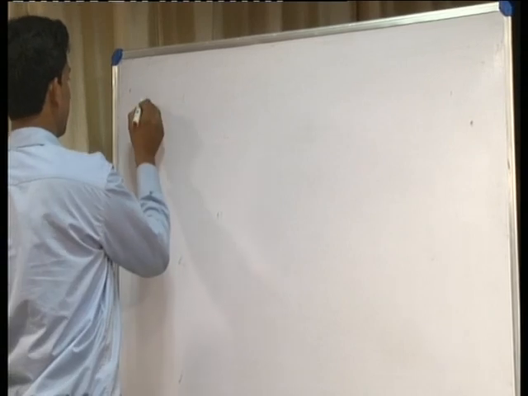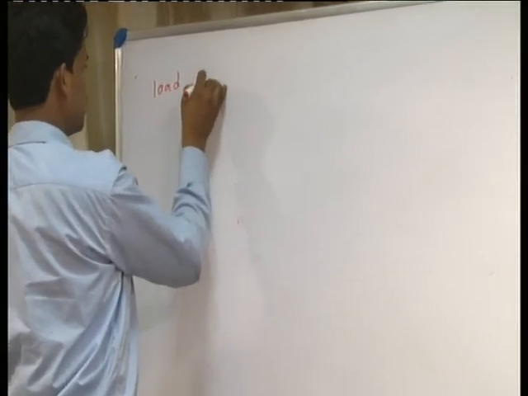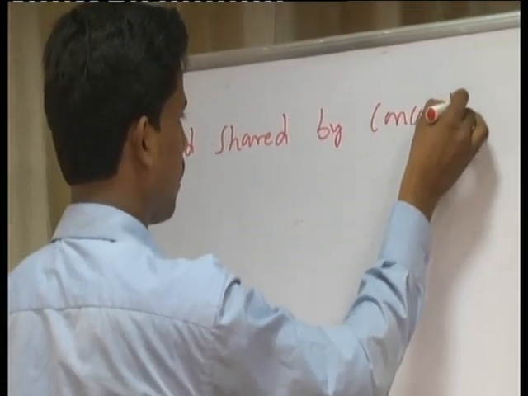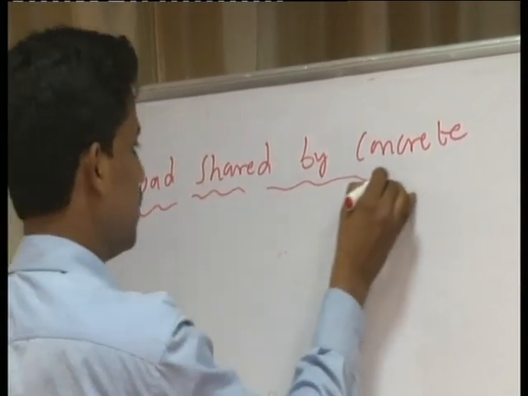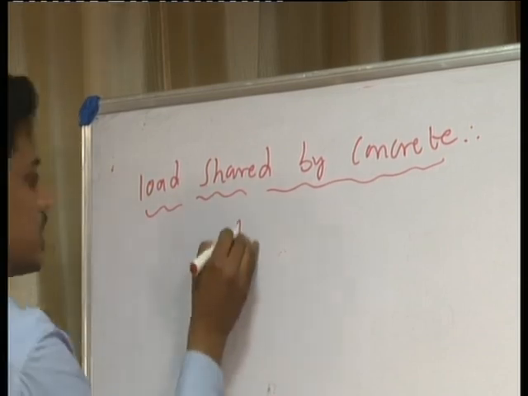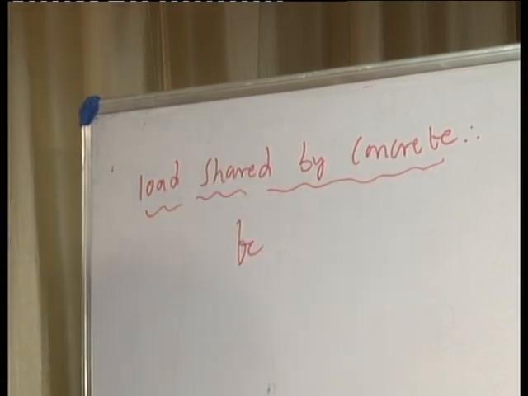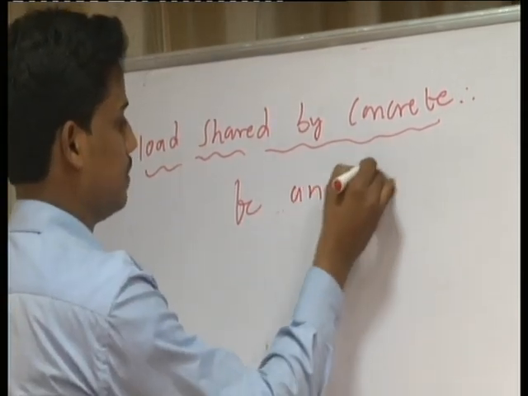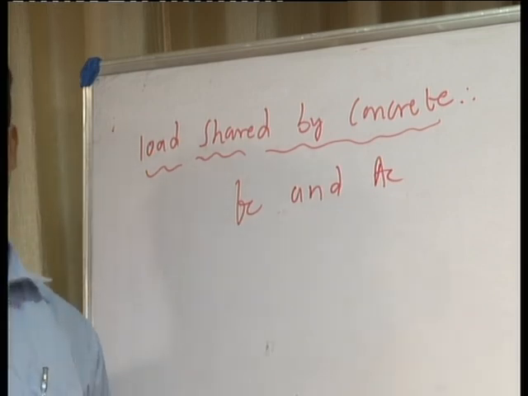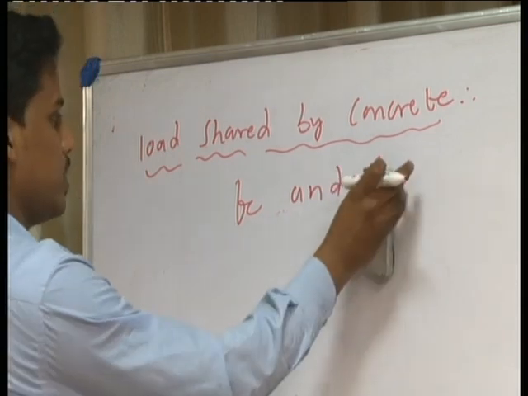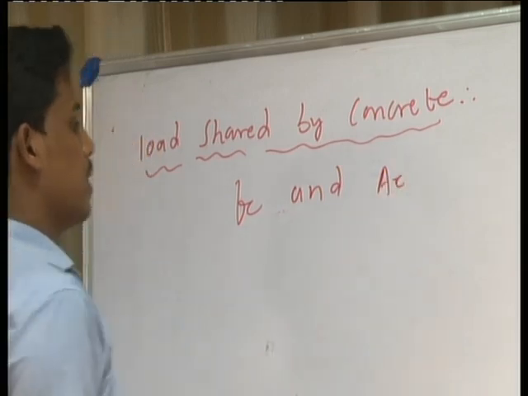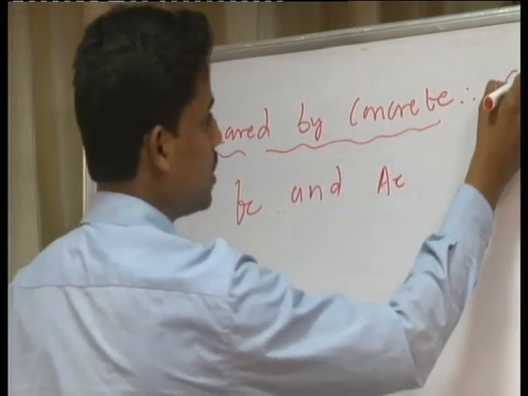It is very simple to calculate the load shared by concrete, because we know the stress developed in concrete and we know the area of concrete. We know these two values, so it is very easy to calculate.